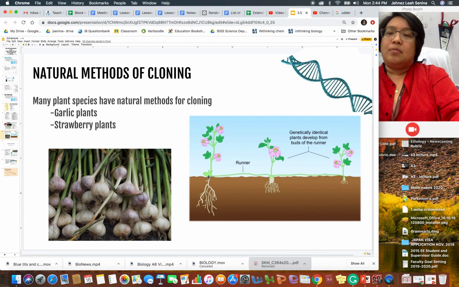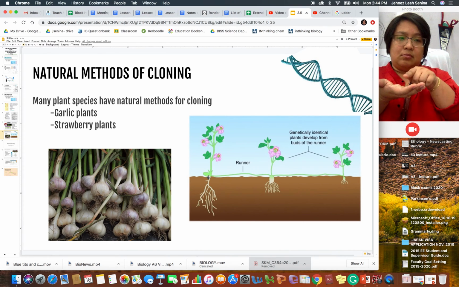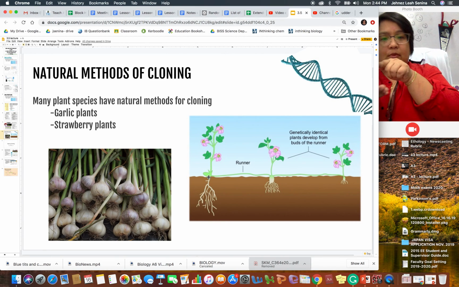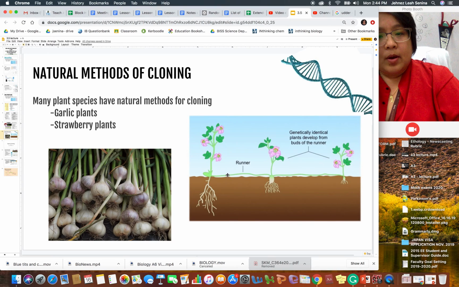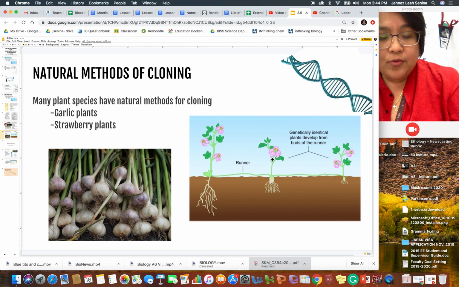So a plant grows, right? Some of the stem grows laterally. As it grows laterally, the leaf can go under the soil and form little roots. Then eventually it forms and grows another plant.